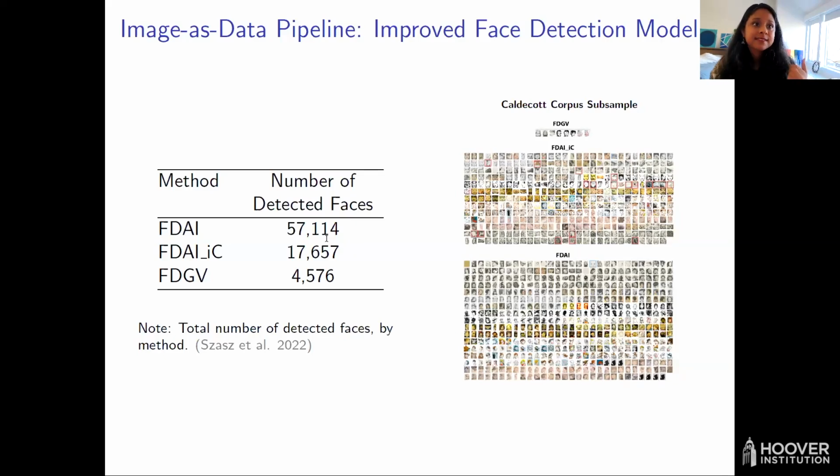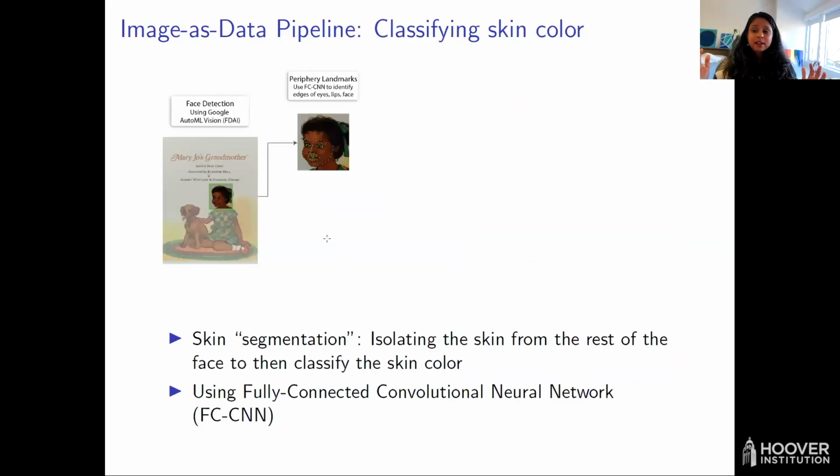How do we actually get skin color, race, gender, and age classifications? Well, to start with skin color, we first use what's called a fully connected convolutional neural network. Whenever we think about a neural net, we're really trying to think about how does the computer think like a human and look at a face as if it's a human?